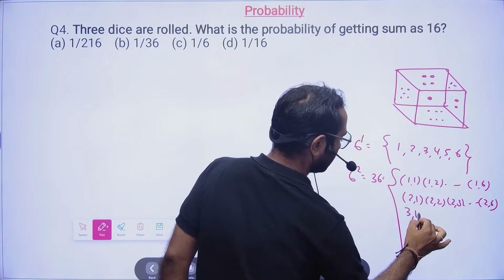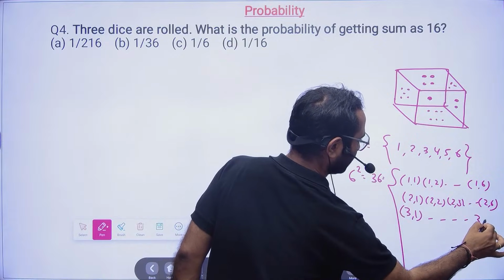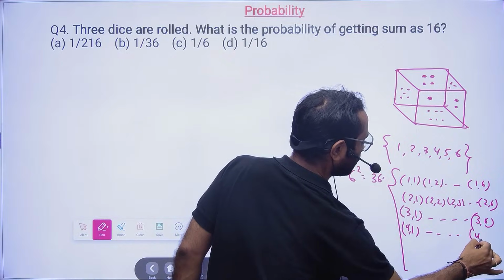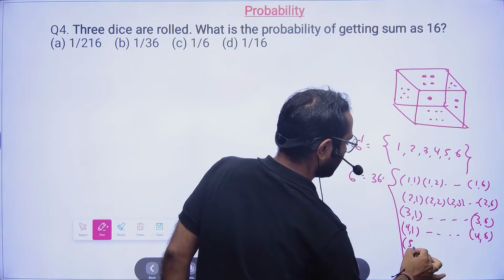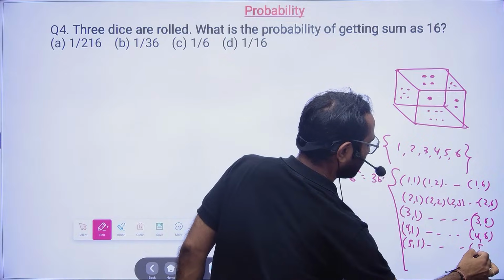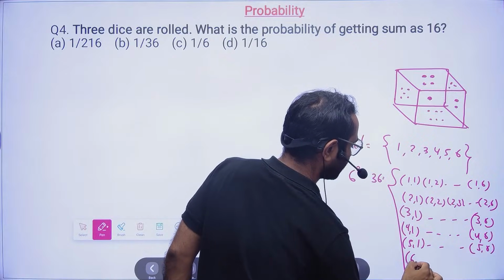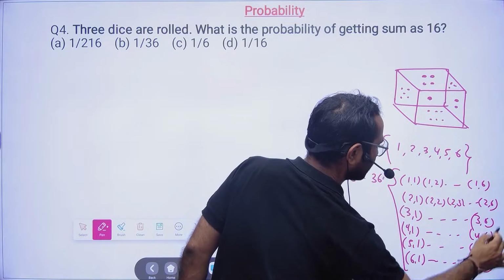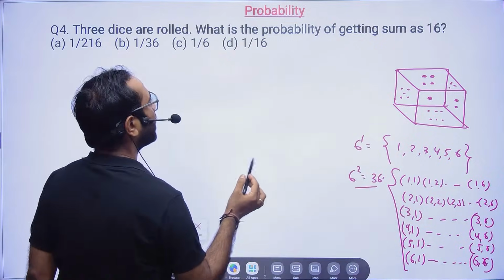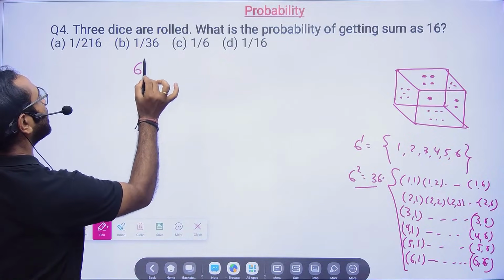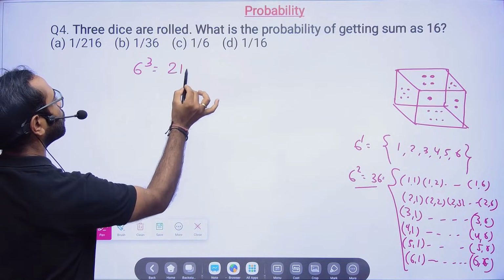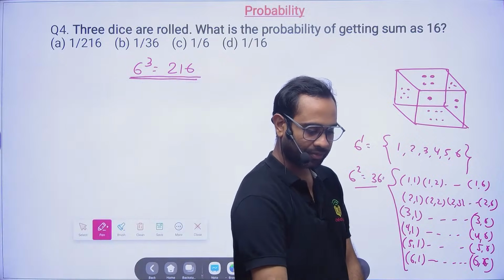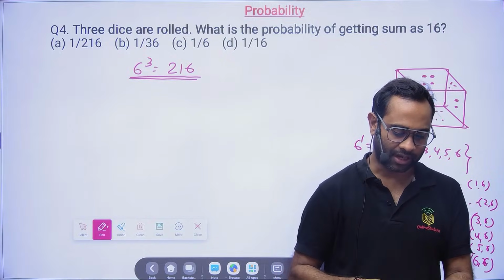Then 3 1, 3 2, like this 3 6. Then 4 1, 4 2, 4 3, 4 5, 4 6. Then 5 1, 5 2, 5 3, 5 4, 5 6. Then 6 1, 6 2, 6 3, 6 4, 6 5, 6 6. That is 6 square. When you roll 3 dice, total outcomes will be 216. That is the problem.